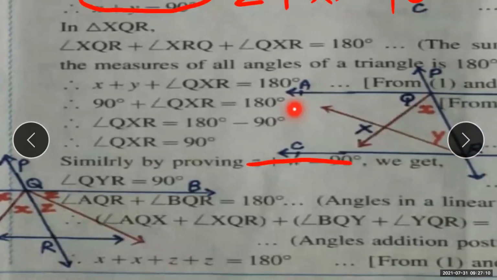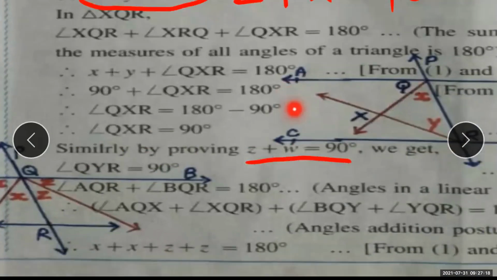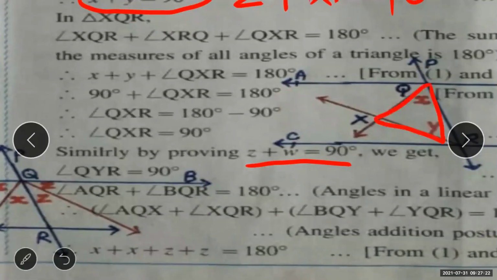And just as we found that angle QXR is 90, similarly angle QYR will be 90. How will that be 90? Angle QYR is here.